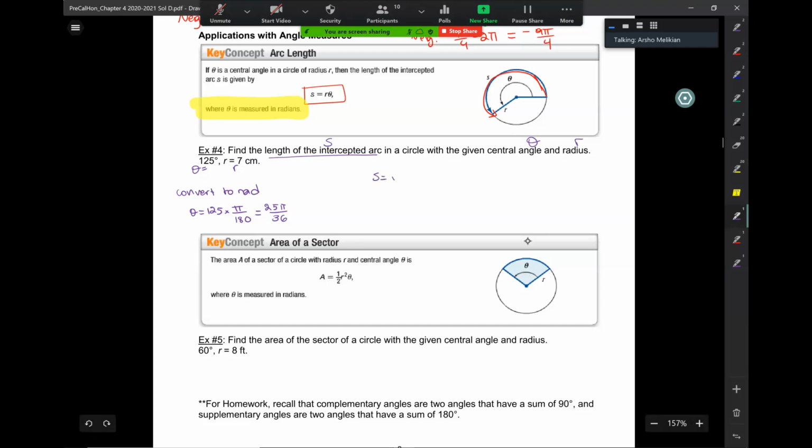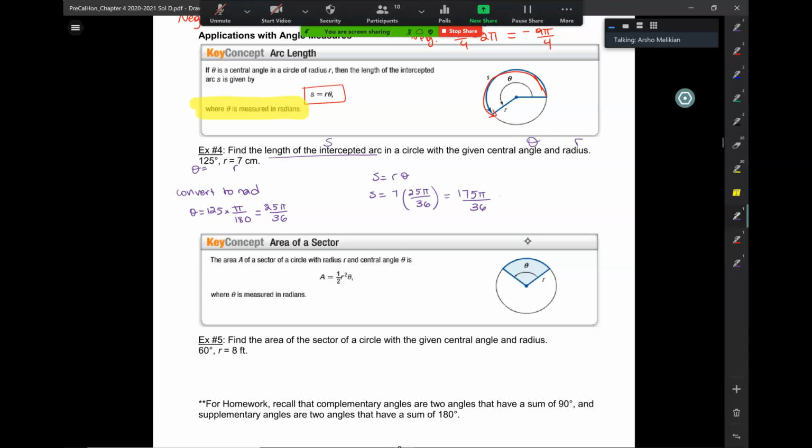Then you plug it into the formula. So that's 7 times 25 pi over 36. Now, if it's a part on a test where you don't have a calculator available, then you would just multiply 7 times 25, and that's 175 pi over 36.